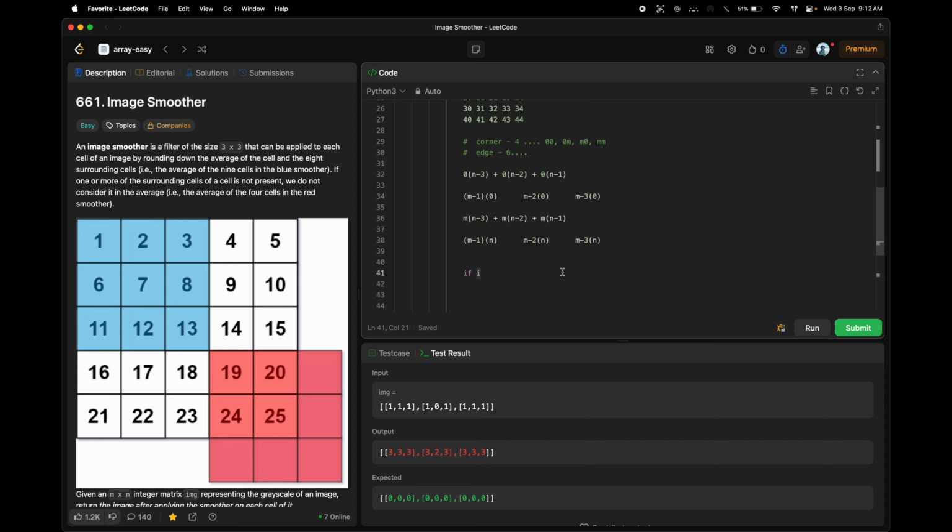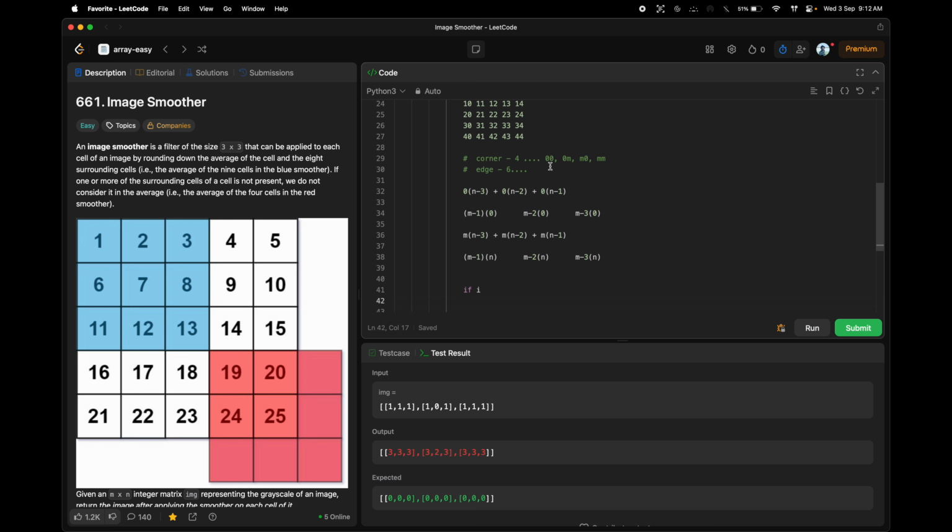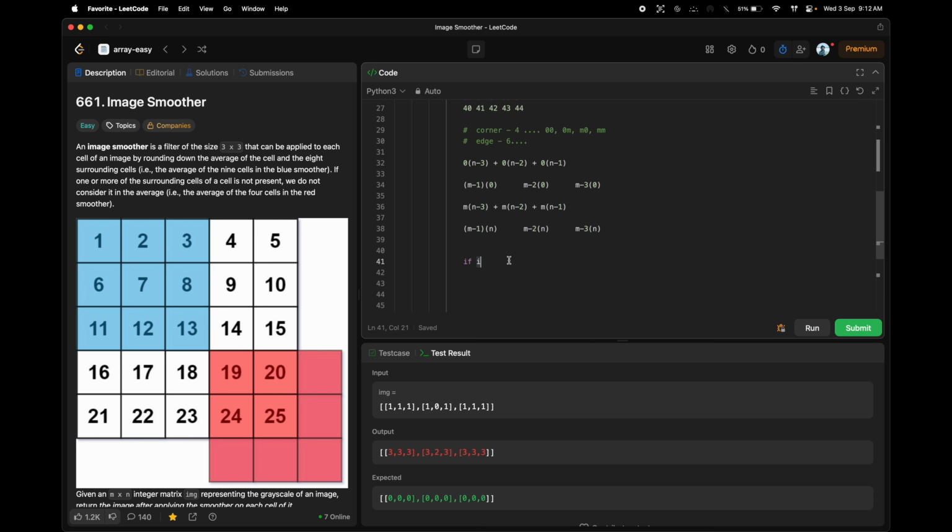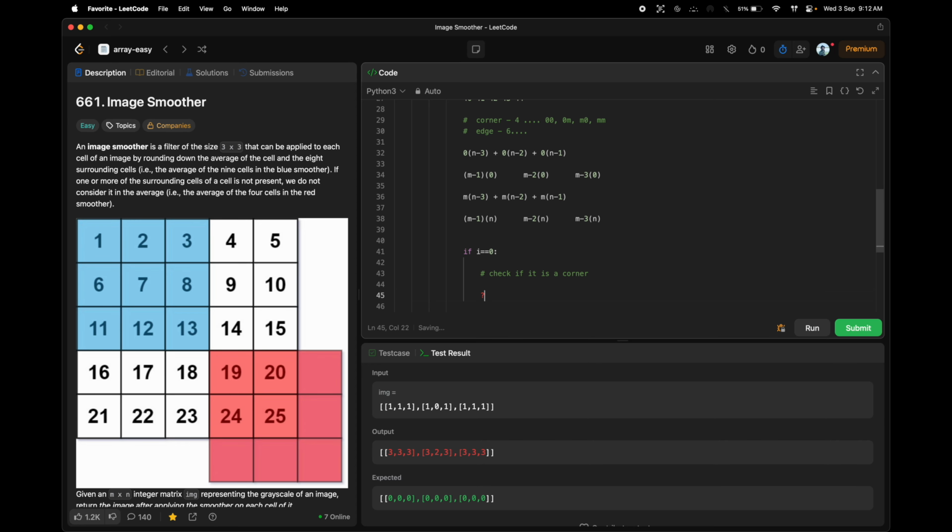Okay, suppose if I is 0, what things can we do? I can find what's the corner, I can find what's the edge. Okay, wait, if I equal to 0, what can I find? Check if it is a corner, check if it is an edge.